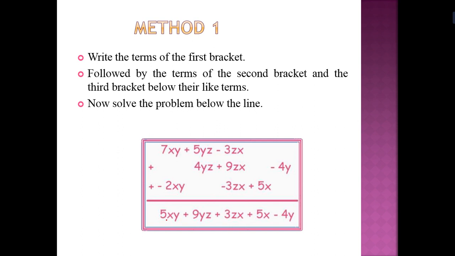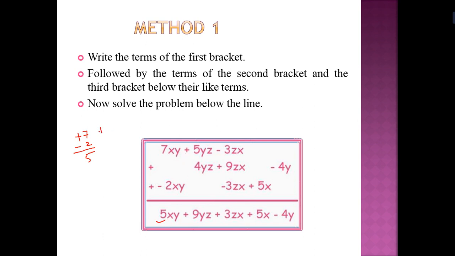So whatever answer we get, that is the answer. Write the terms of the first bracket. So 7xy plus 5yz minus 3zx plus 4yz plus 9zx minus 4y minus 2xy minus 3zx plus 5x. So plus minus minus, that is why 5 here.